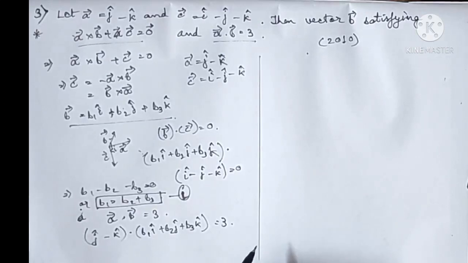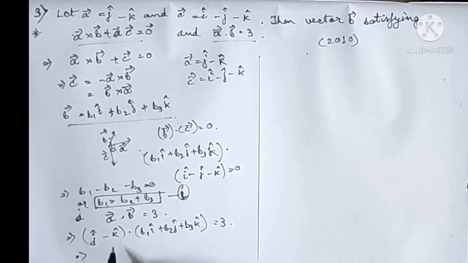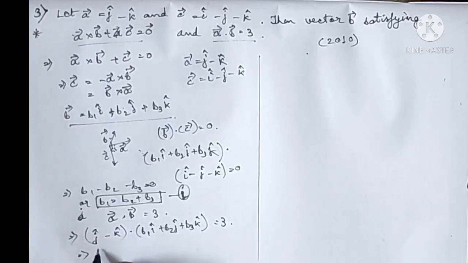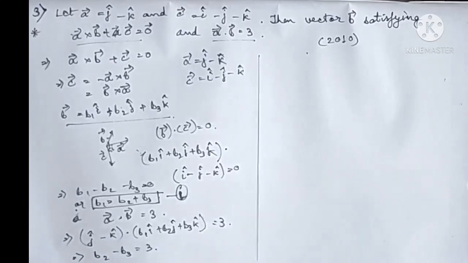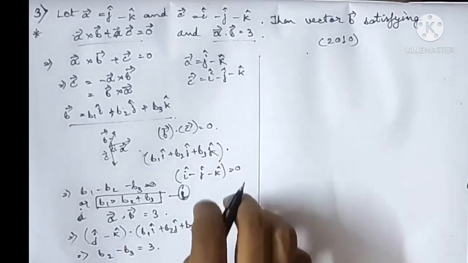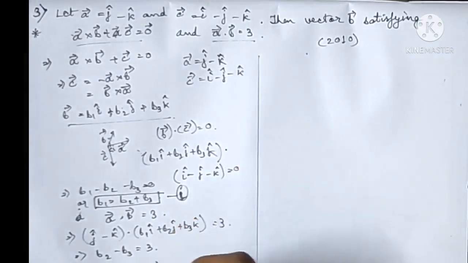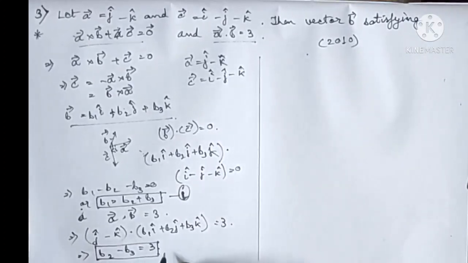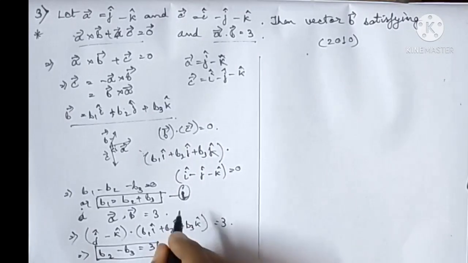Okay, so now we will just do the dot product, and the dot product gives us b2 minus b3 is equal to 3. Okay, so I'm continuing it here. So see, we have this one as one more equation, as the second one. Okay, we got these two.